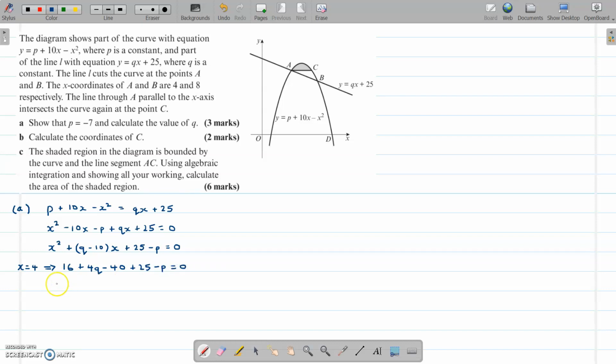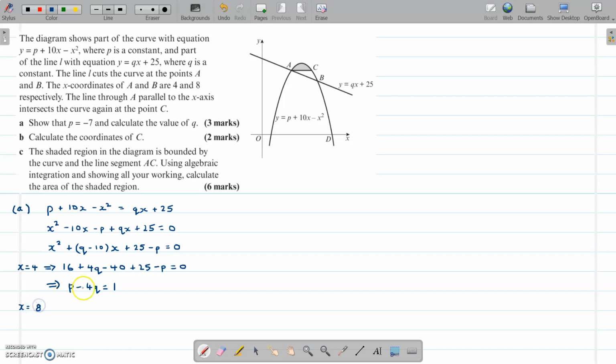Now if I tidy it up, I get that p minus 4q equals 1.